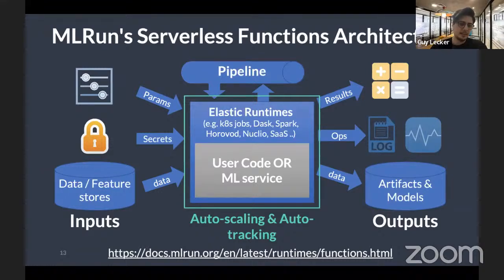The function still gets its input, data, secrets, and parameters, and once it runs, it tracks everything, every single log and output it yielded. So it provides seamless tracking of all your work and all of your running functions.